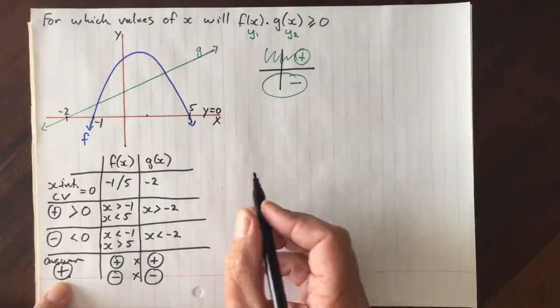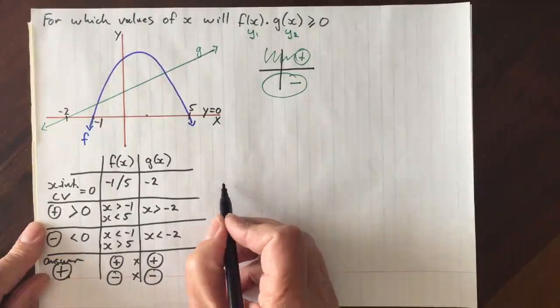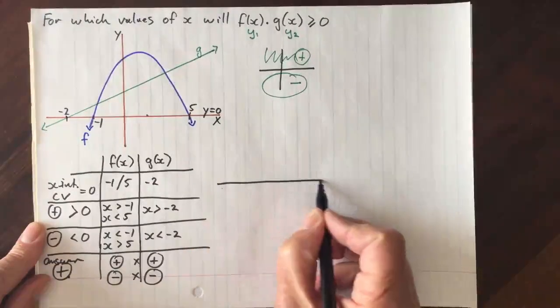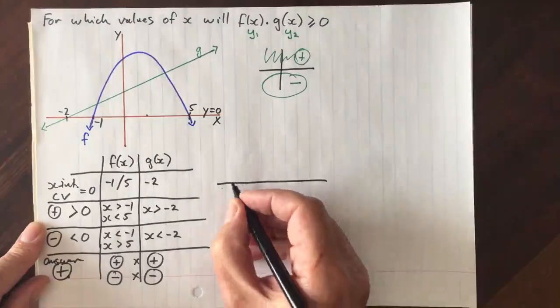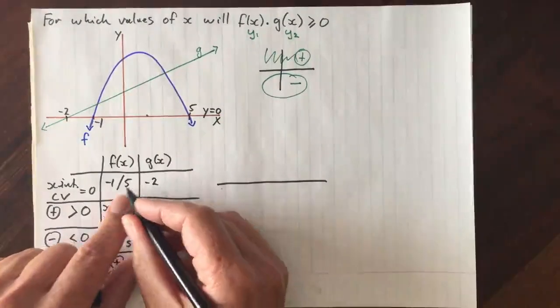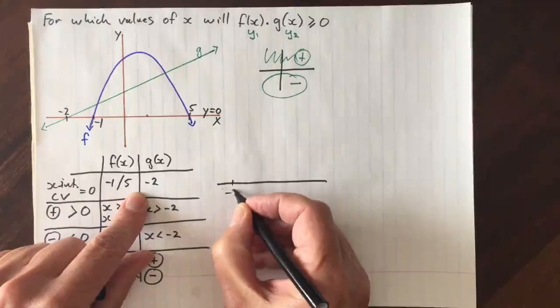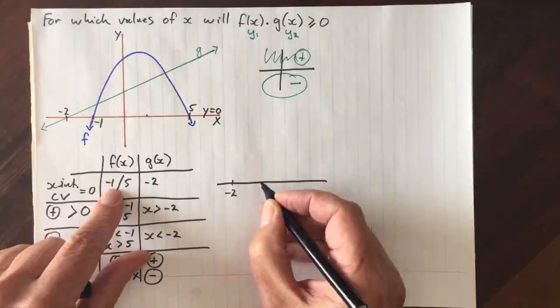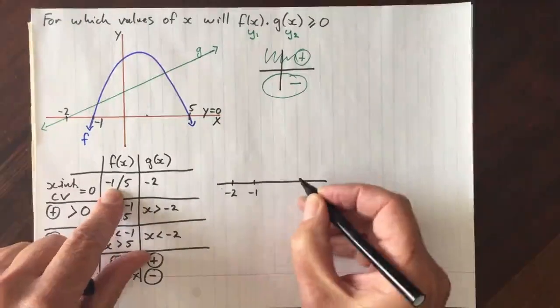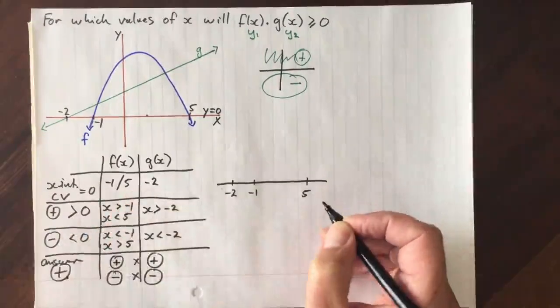Now, let's draw a number line to help us with this, and we indicate our critical values. My critical values will be at -2, -1 and 5. Good.